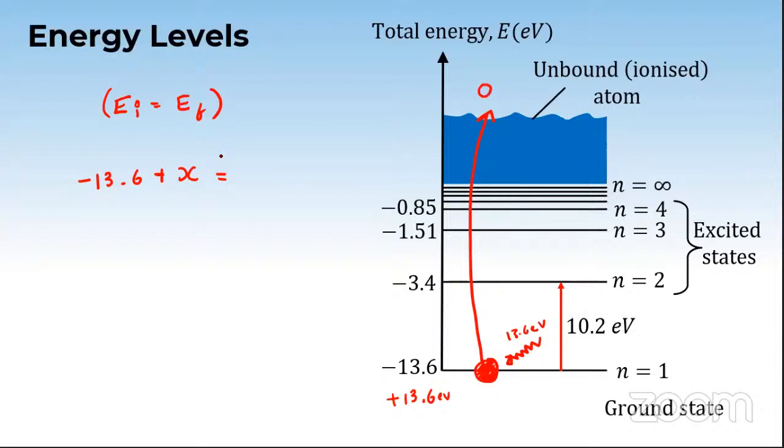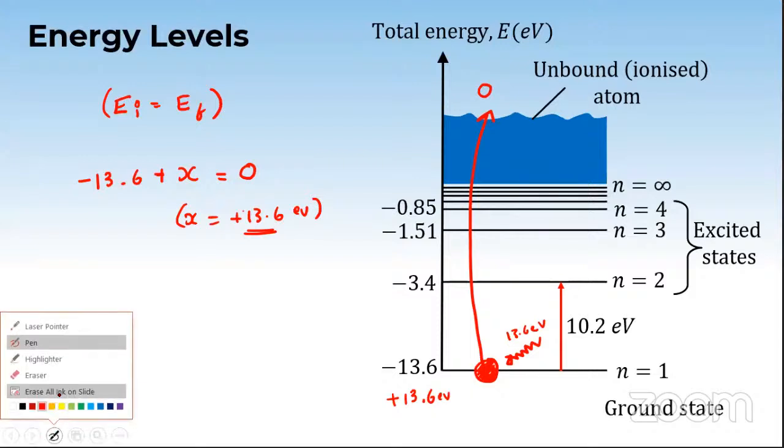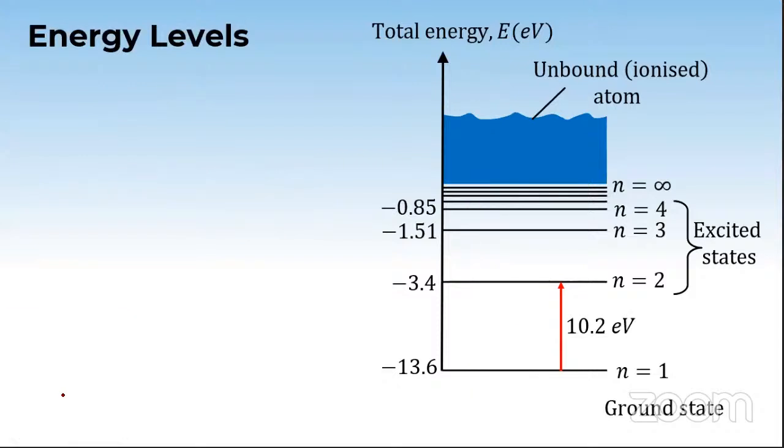For free state, final energy should be equal to 0. Put that 0. Therefore, you get x equal to plus 13.6. Minus comes to the left hand side and becomes positive. That means the energy of the photon should be equal to 13.6. If you send this much energy, the electron will come outside the atom, and that is called the ionization energy, right?